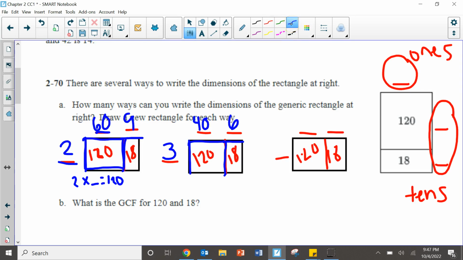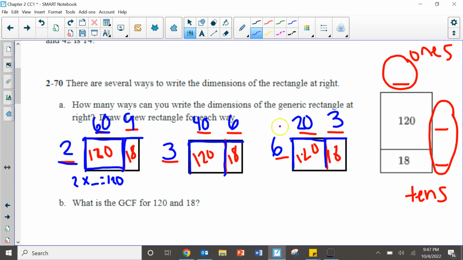Okay, so the number 6 also goes into both of those numbers. So I had to think about 6 times what gives me 120. When you're thinking, you should have gotten 20. And 6 times what gave me 18, which is 3.